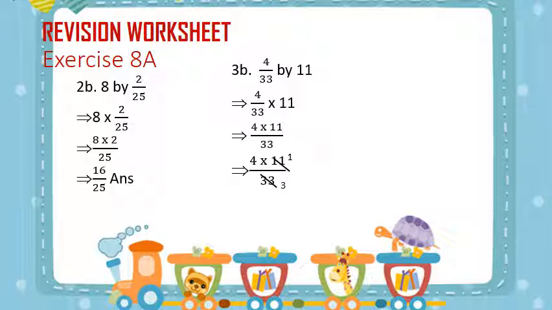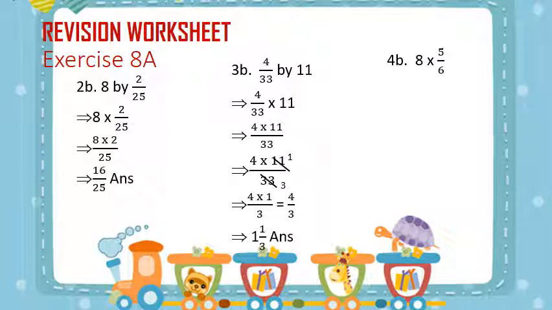We get 3. So now what is left? 4 multiplied by 1 in the numerator upon 3 in the denominator. So our answer is 4 upon 3. And now children, this 4 upon 3 is an improper fraction. So let's change it into mixed fraction, which is equal to 1 by 3. And this is our final answer.